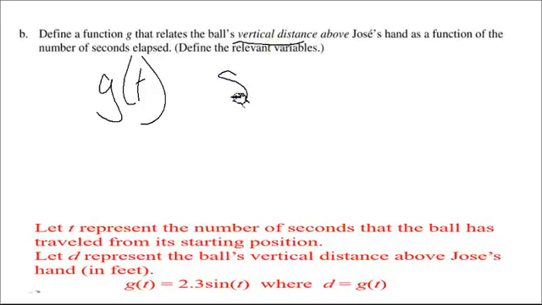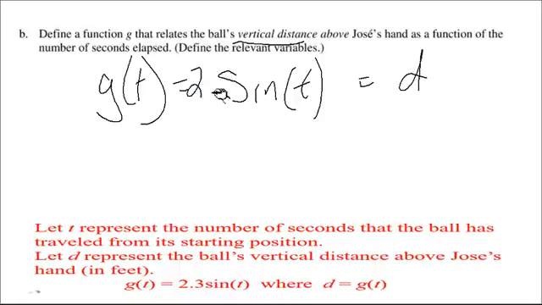That would be the sine of, instead of theta, t. And again, we're modeling distance. And since our units are in feet and our radius length is 2.3, we'd have to be careful to multiply the function that drives vertical distance in terms of radius lengths by 2.3.